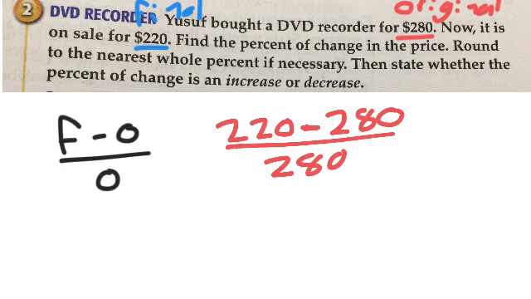So now in the numerator, what is 220 minus 280? It's going to be negative 60 because the original is more than the final. So because it went down in price, we expect that change to be negative over the original, which is 280.